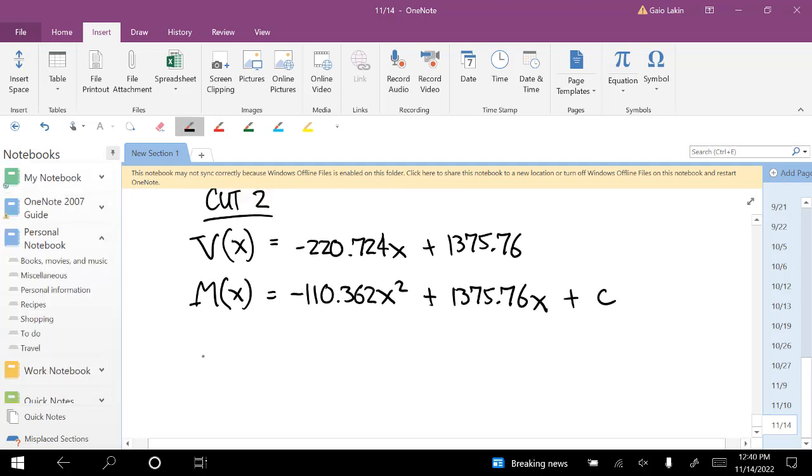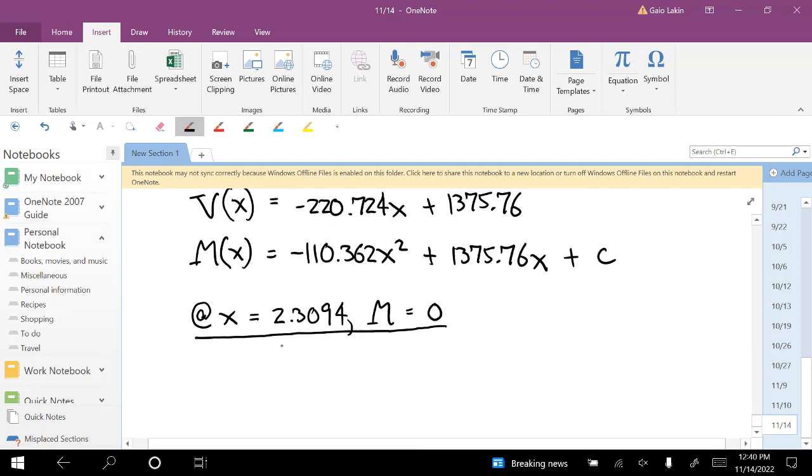Well, we know that when x is equal to 2.3094, M is equal to 0. We know that because that's another endpoint and there's no point couple at that point. So plug this value in for x. Oh, I do have a calculator.